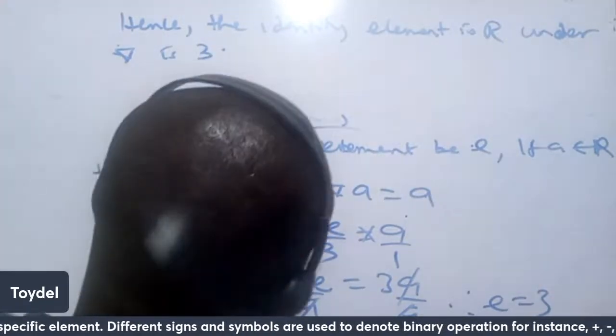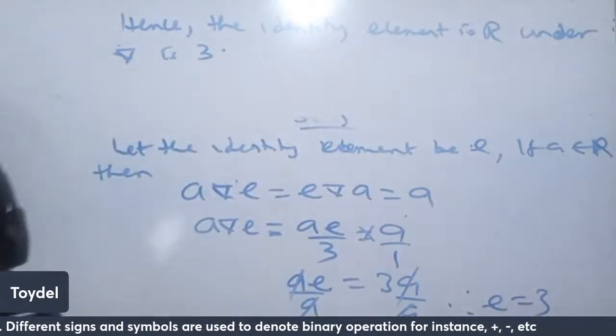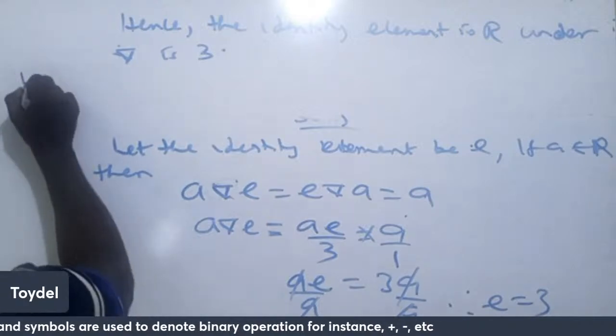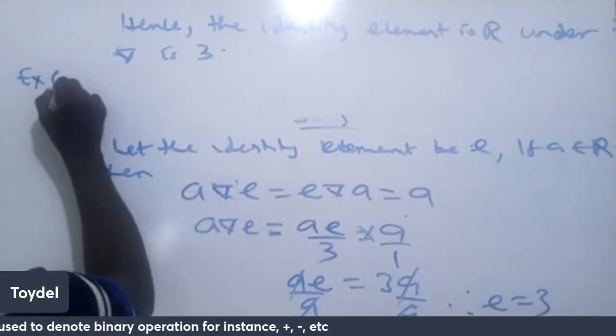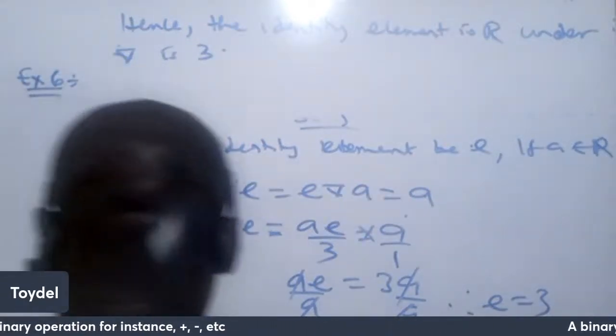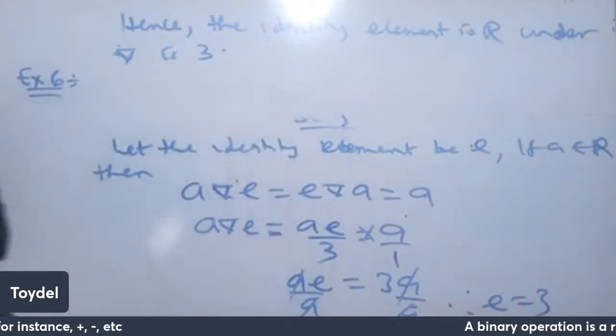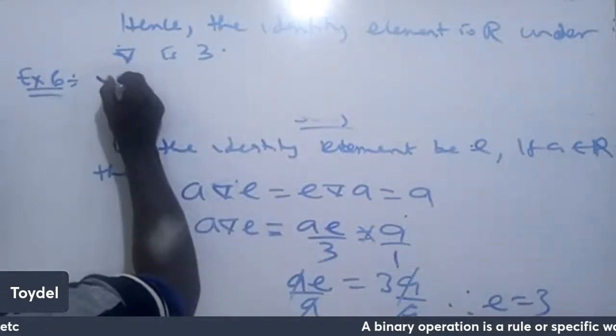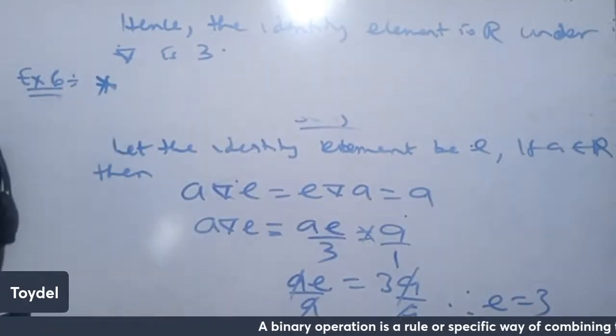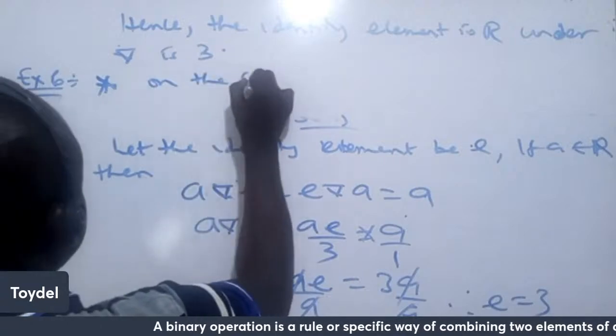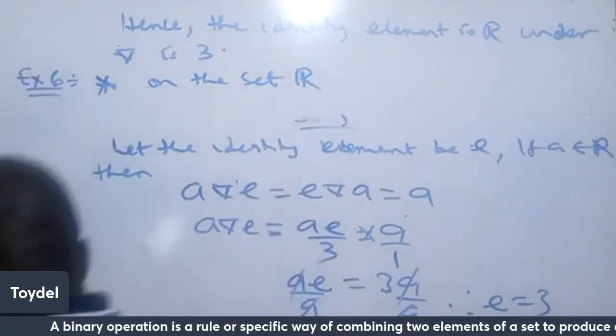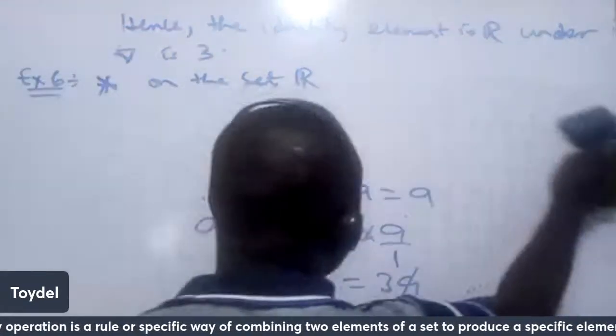So in this question, the identity element is 3. So let's take one more example under this before we move to the final properties. The question says the operation, let me just write asterisk, the operation asterisk on the set R. Of course, we all know that set R is the set of real numbers.